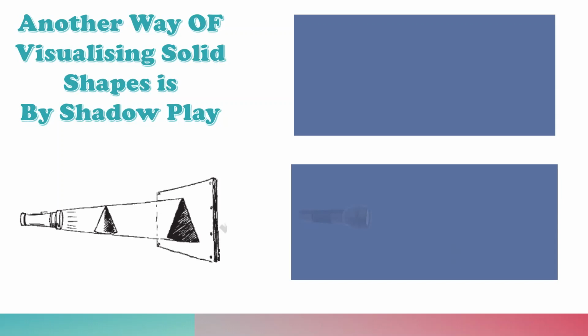In fact, if you put the light on a single solid from different positions, it gives us different shadows. So in this video, you will find out how to view the 2D shadow of a 3D shape.